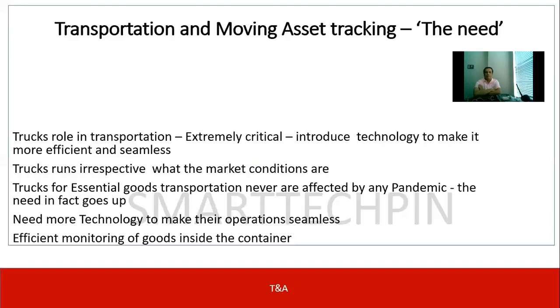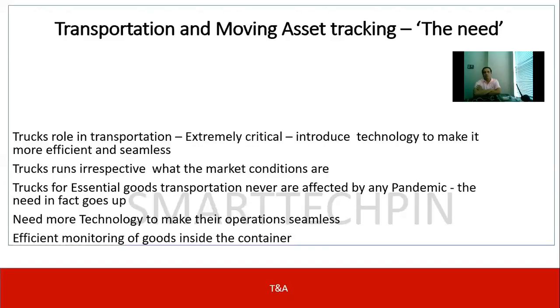That is one of the primary reasons why, if you look at the transportation industry right now, the companies are trying to bring more technology for overall fleet management. It includes tracking the vehicles, then tracking the goods that they are carrying, especially in the containers.